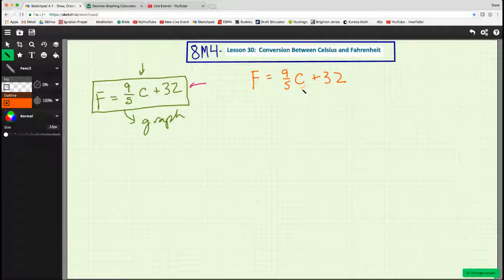So how do we do that? Well, let's get our constant over on the other side. So let's do it like this. Let's subtract 32. Subtract 32, and we get F minus 32 equals 9/5 C. And now we can multiply both sides by 5/9.